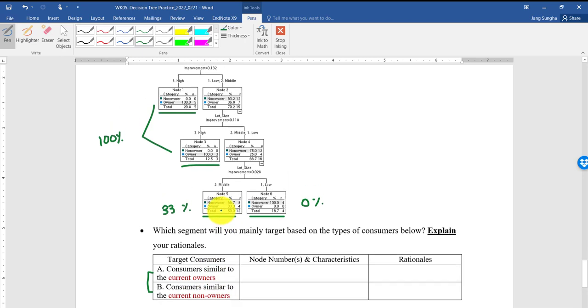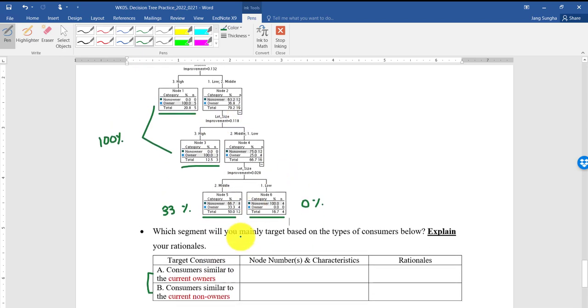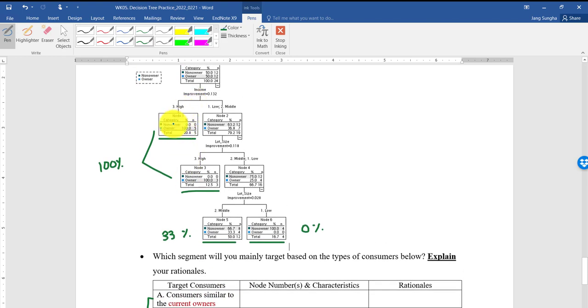What does that mean? Let's say you target consumers who are very similar to the current owners. That means later, maybe next month or next year, you collect information about new customers or potential customers. If you want to target consumers similar to the current owners, you might want to target customers who show characteristics of node 1 and 3.